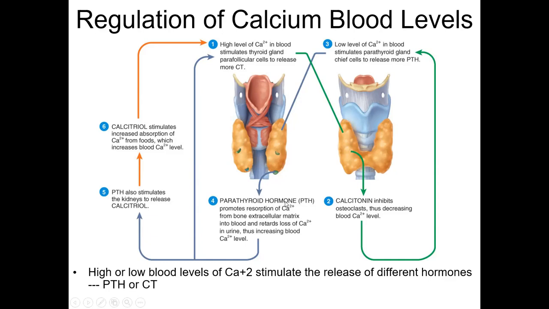Parathyroid hormone will be telling osteoclasts to degrade more bone. So calcium will be released from the bone. And the parathyroid hormone also slows the release of calcium into urine. Parathyroid hormone, as you see it here, number 5, stimulates the formation of calcitriol. This is vitamin D3.